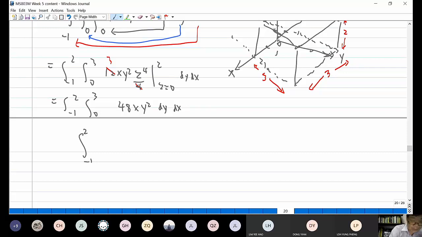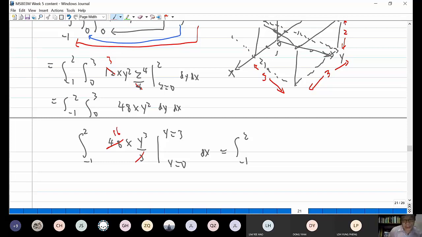Integrate this one, you get 48 with respect to y. Now you get x y cubed over 3 and y from 0 to 3 dx here. So this is equal to -1 to 2. Then this one cancels. Okay, then 3 cubed. So 3 power 3 is 27, right? 27 times 16 now.